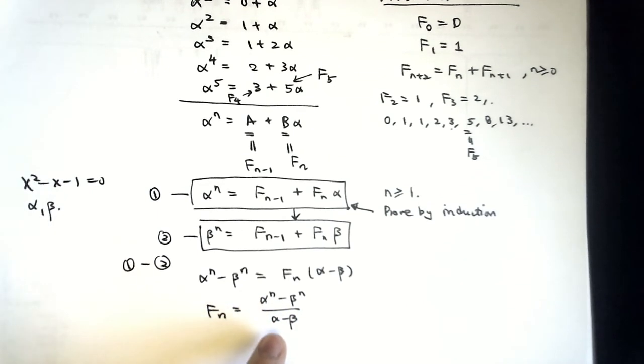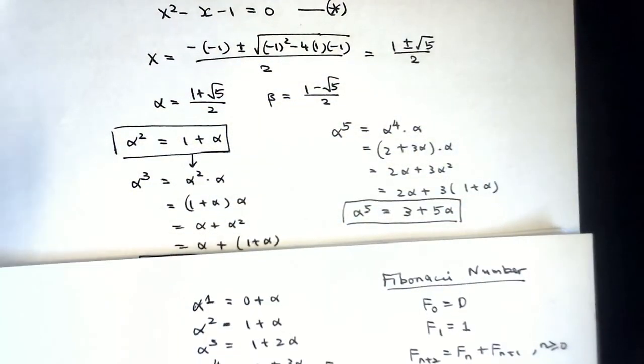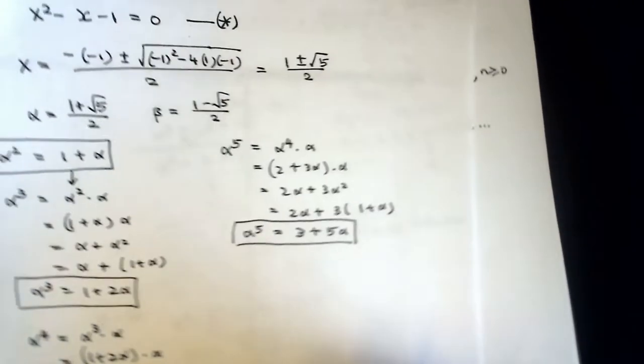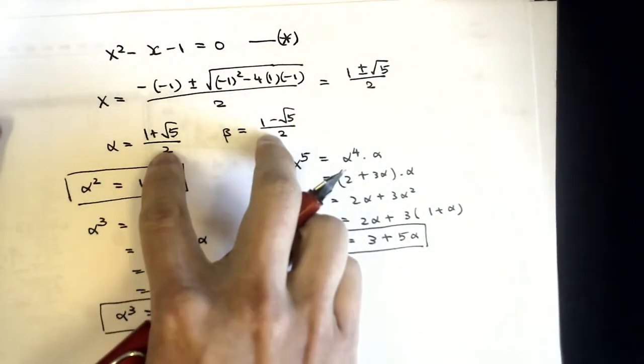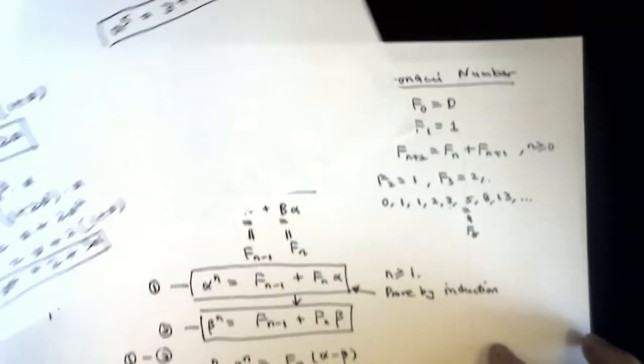Of course, alpha and beta are already calculated previously. We know these two answers, so we can put them back.